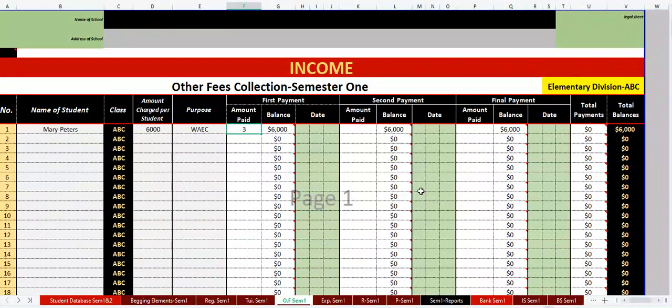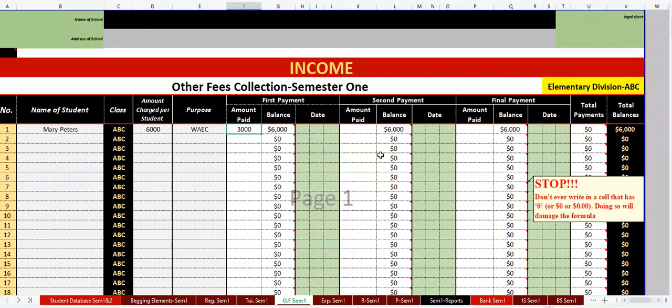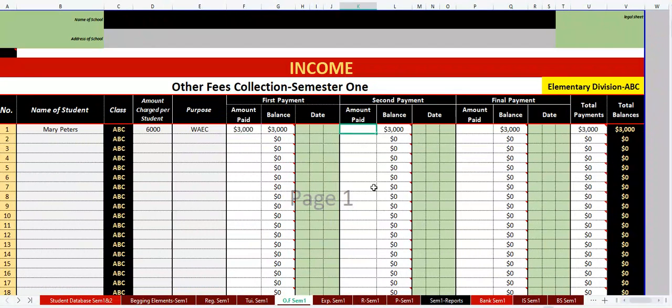Sorry, 3,000 was paid. The second time, she paid 300. Then the final payment time, she still owed 2,700. So the final payment time, she paid the 2,700. So she get a balance of 0.